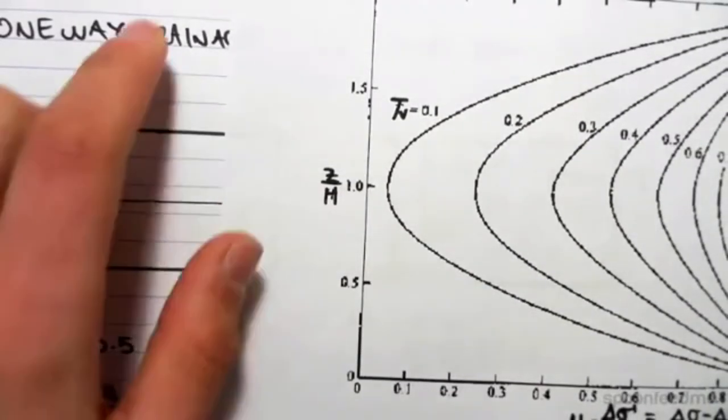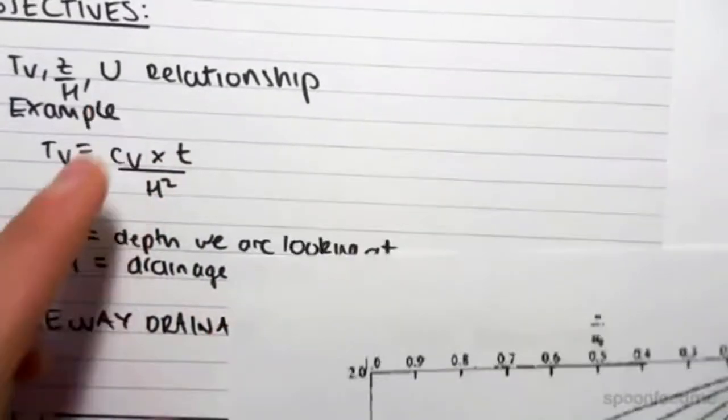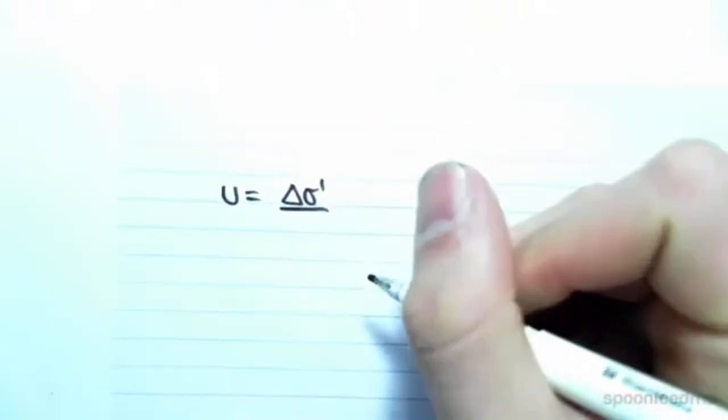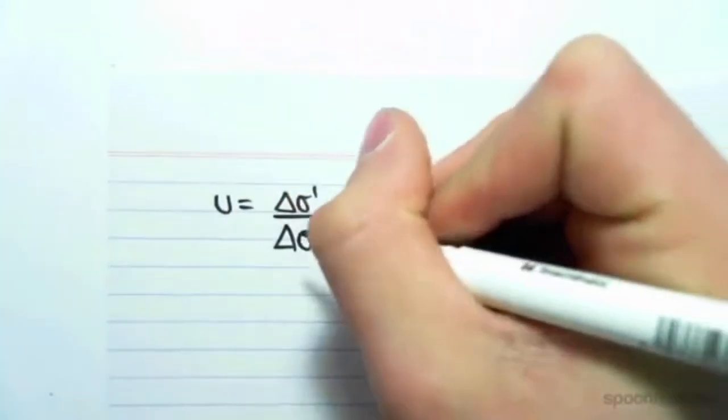Now the next thing we need to discuss is this value U. So U is equal to the change in effective stress over the change in the total stress.